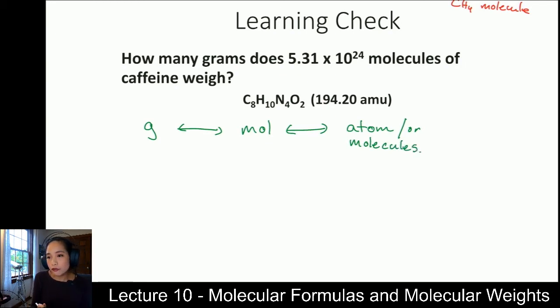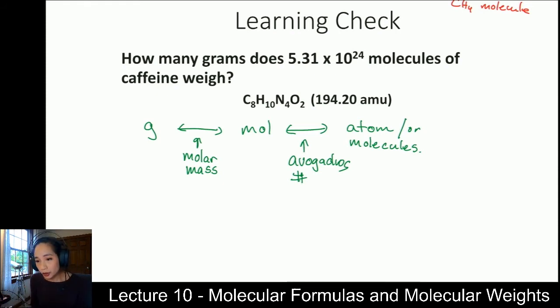To convert between grams and moles, we use the molar mass of either the compound or the element. These are skills we learned in a previous lecture. To interconvert between moles of atoms and single atoms, we use Avogadro's number. We also use Avogadro's number to interconvert between moles of molecules and molecules themselves.